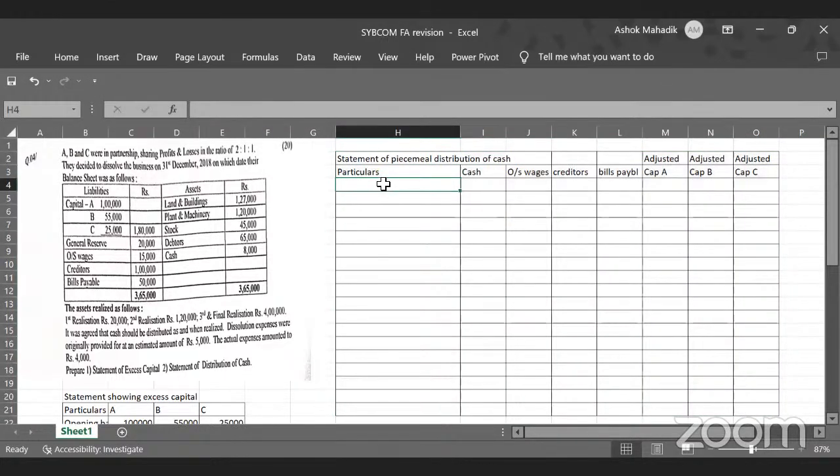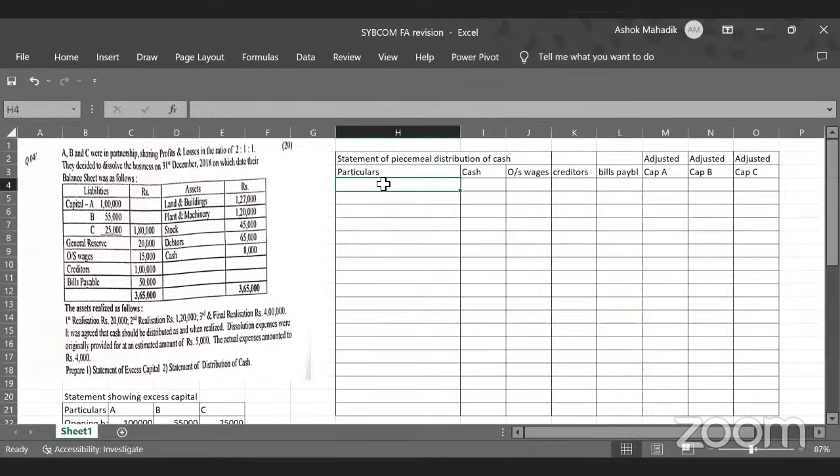I'll repeat. How many columns do you need? Count on the liabilities. One additional column for cash is required at the beginning. You can have a total liability column also if you want after cash. Now, this is the main answer.